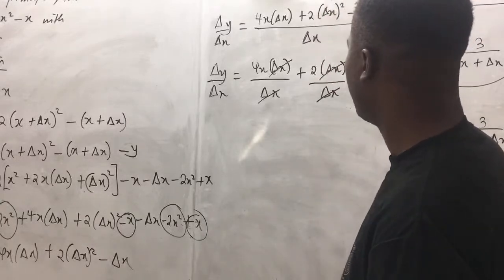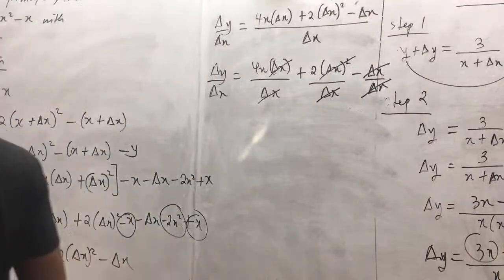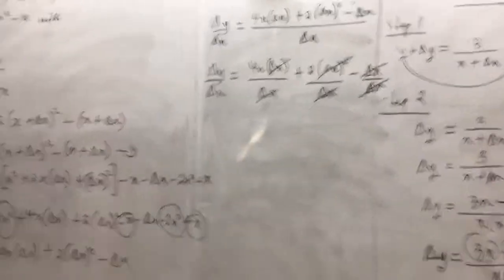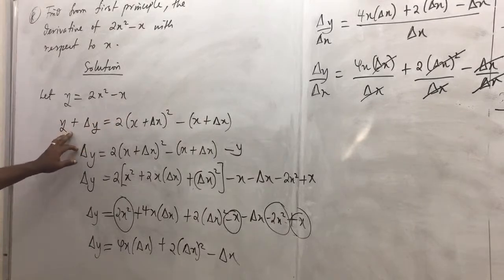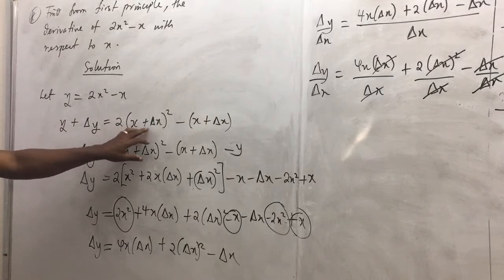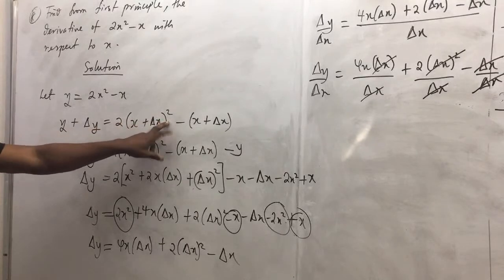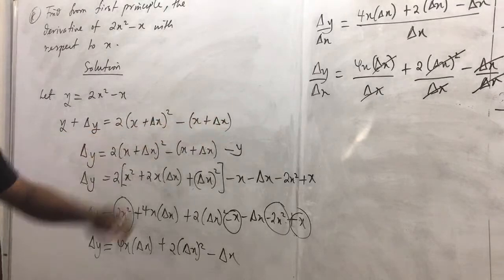Okay? Now, let's go over what we've done so far. We started the problem with saying this minus this will result in y plus change in y equals 2 in bracket x plus change in x all squared, because we are increasing this, minus x plus change in x.